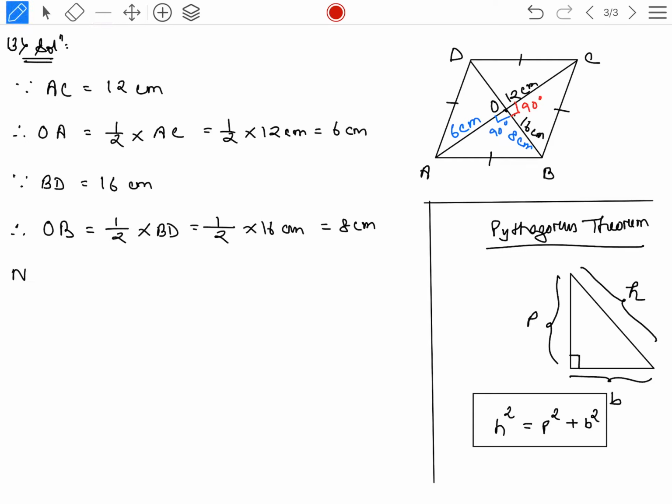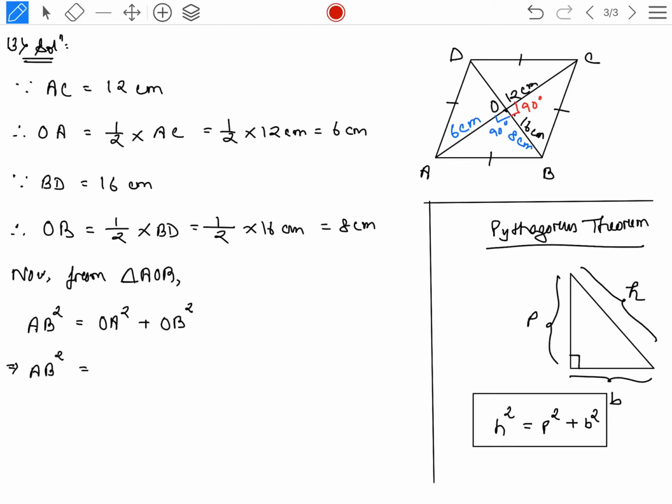See, now from triangle AOB, what can you write? AB square is equal to OA square plus OB square, Pythagoras theorem. We need to find this side AB.